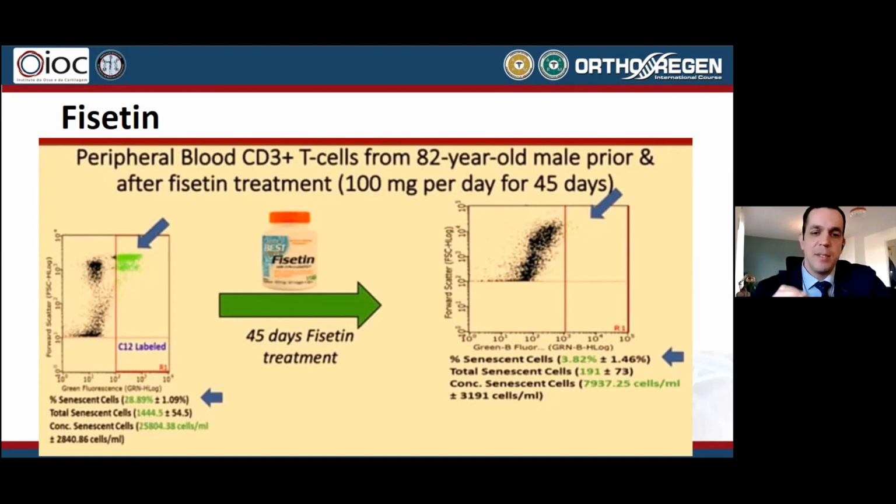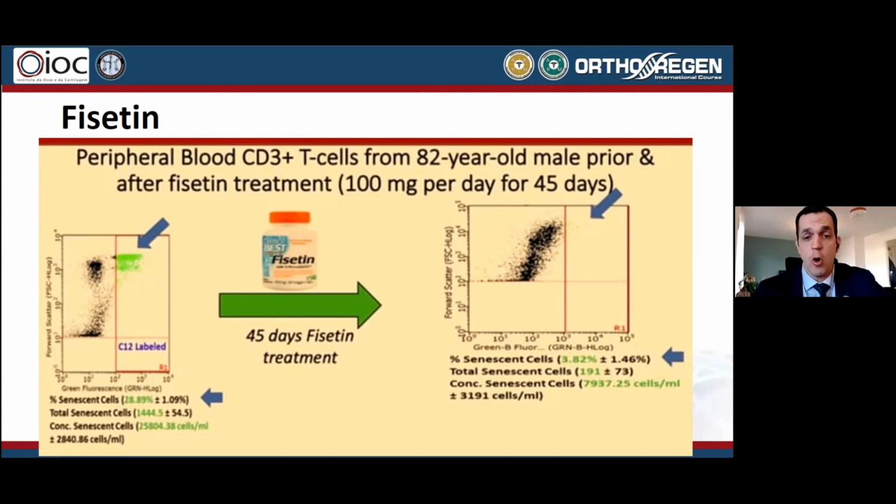In this experiment here, they used an 82-year-old man, and they first measured the number of senescent cells in the body of the patient, and they found 28.89% of senescent cells in the blood.